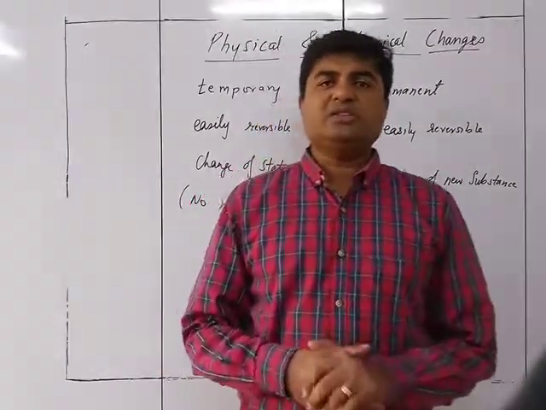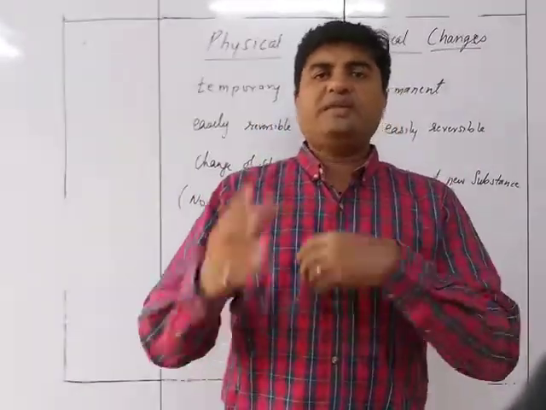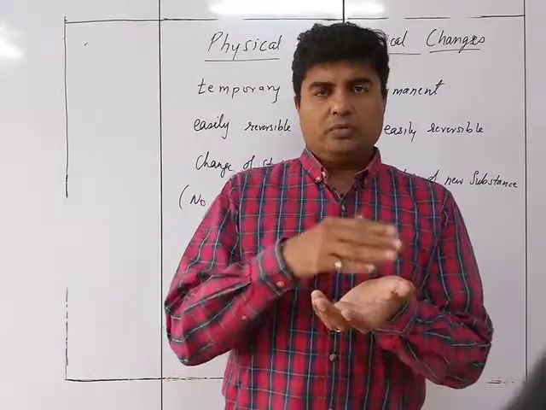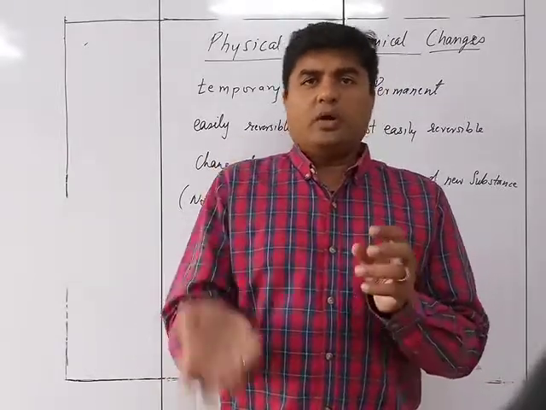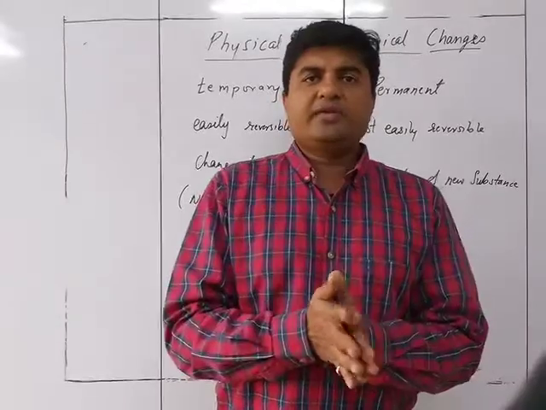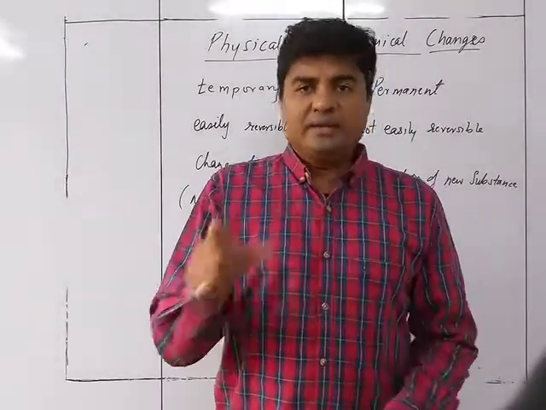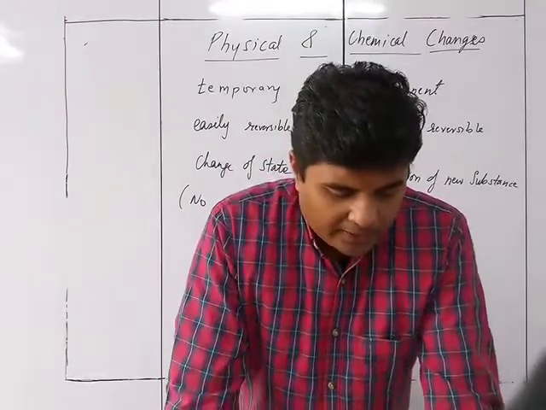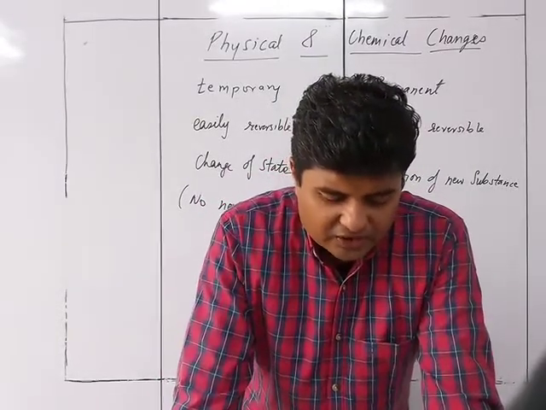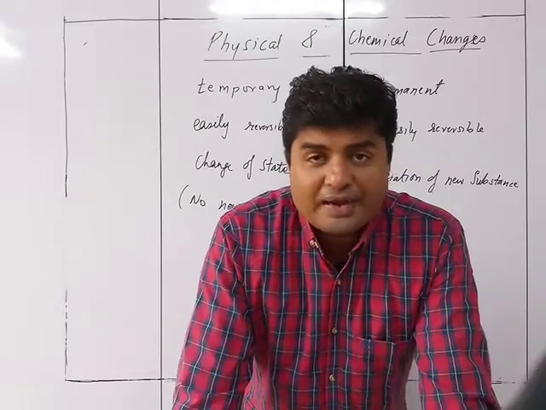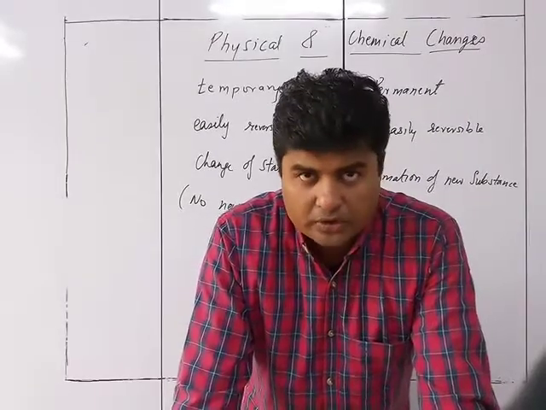These are changes which can be easily reversed. When ice to water, water to ice happens, that is reversible. And irreversible will be hydrogen and oxygen to water, where water to hydrogen and oxygen is not happening. One is a reversible change which can be reversed by a change in condition, like melting of ice and freezing of water.